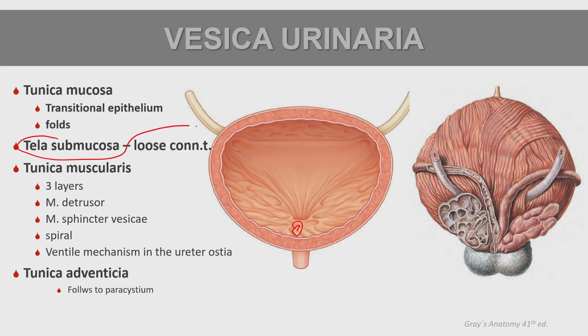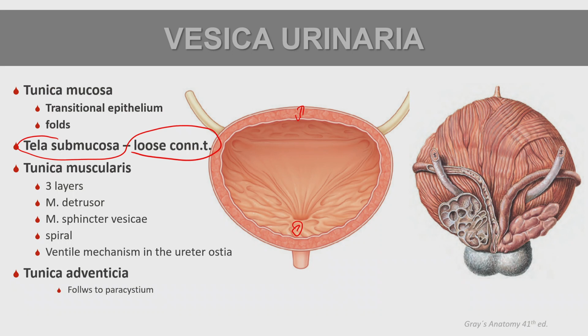Also, the very loose connective tissue in the submucosa is protection from mechanical injuries. And then we have a thick muscular layer with 3 layers of smooth muscle containing the detrusor and the sphincter vesicae urinariae, the sphincter of the urinary bladder. The orientation of fibers is in a spiral manner, forming the very appropriate pressure during contraction.